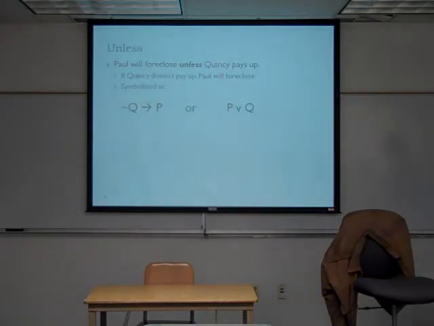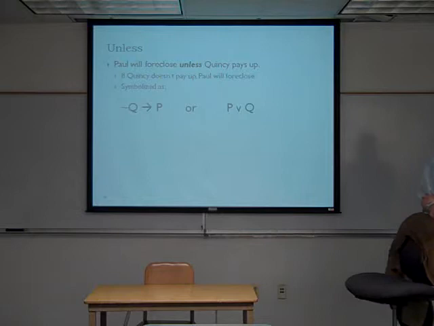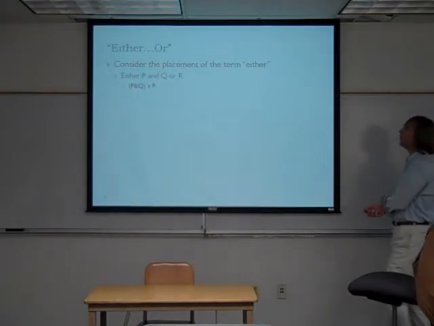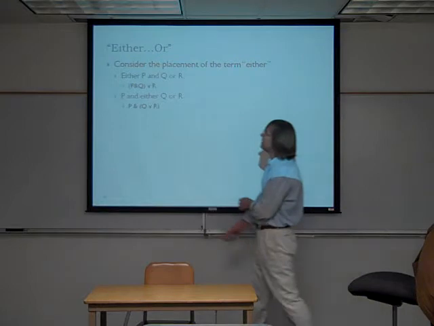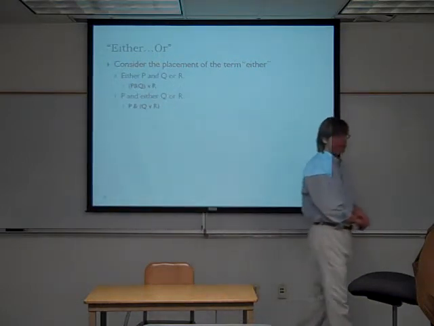Can somebody give me an example of using unless? No. Yeah, pretty simple. Now, it's important to understand how either-or work in conjunction. And you can see in the two examples here how that works.